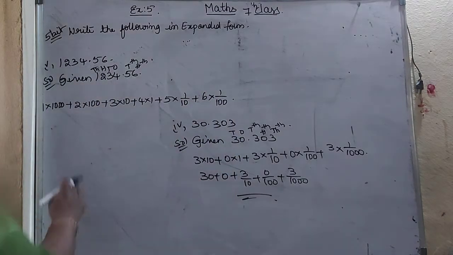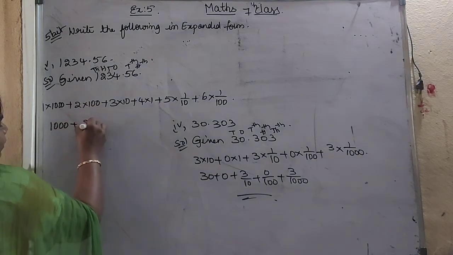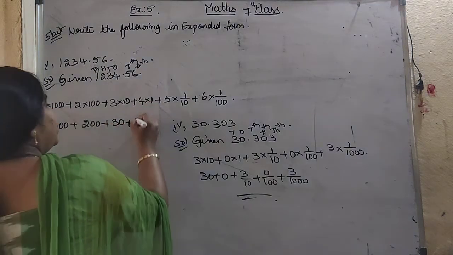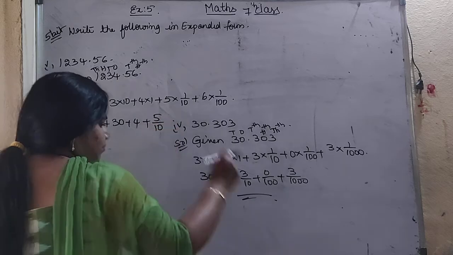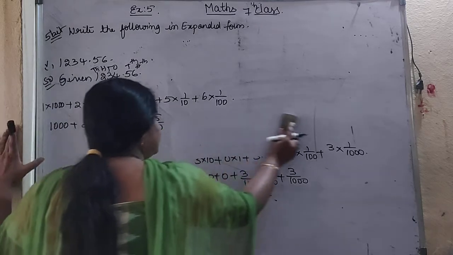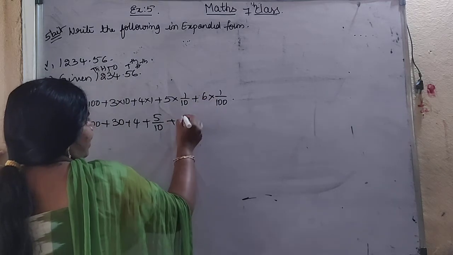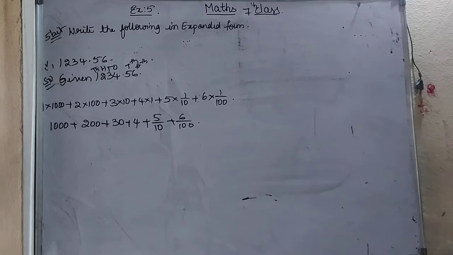Now you can expand. 1 into 1000 is 1000 plus 2 into 100 is 200, 3 into 10 is 30, 4 into 1 is 4, 5 into 1 is 5 by 10, plus 6 into 1 is 6 by 100. So this is the expansion of the last bit in that question.